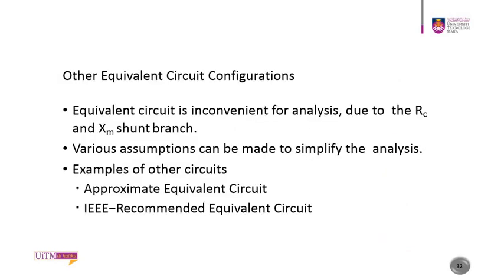This model is inconvenient for analysis due to the RC and XM shunt branches. So we make assumptions to make the analysis simpler, and there are two ways to do it: the approximate equivalent circuit, and the IEEE recommended equivalent circuit.